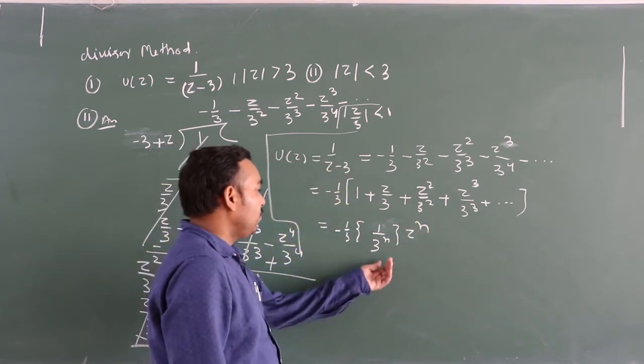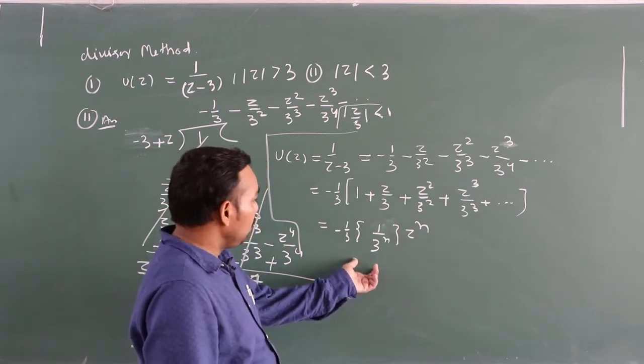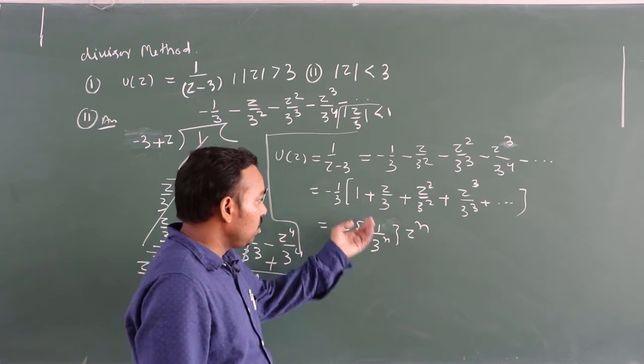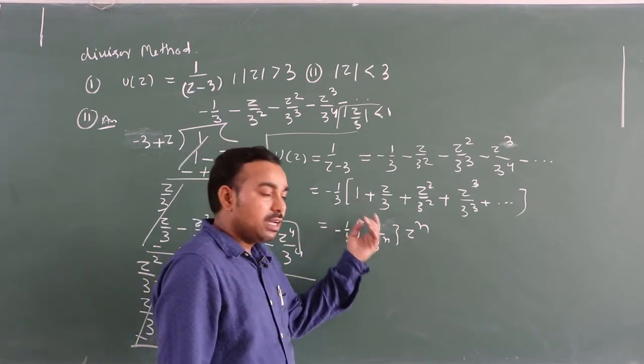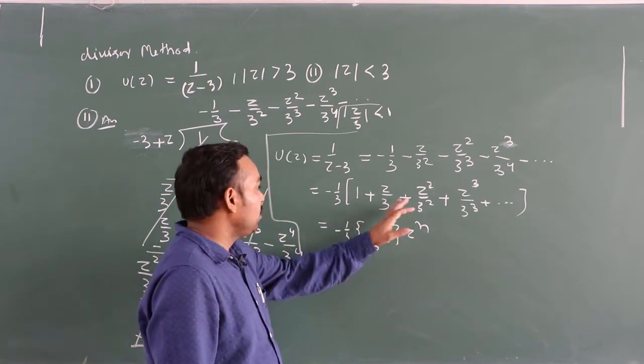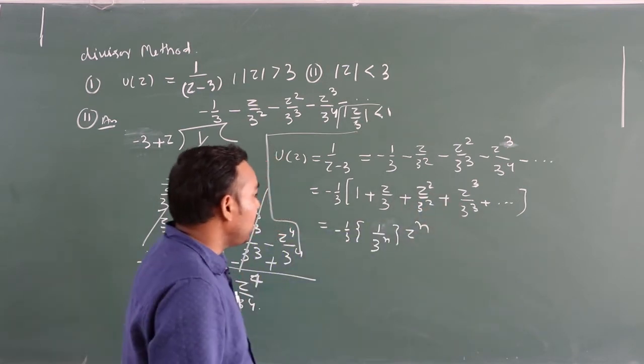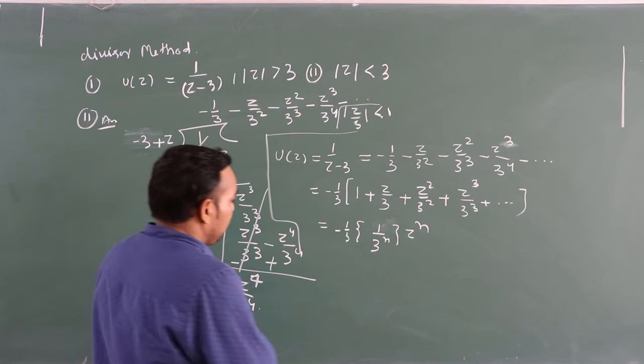See, if we write n equal to 0, we simply get 1, n equal to 1, we get z upon 3, n equal to 2, we get z square upon 3 square.